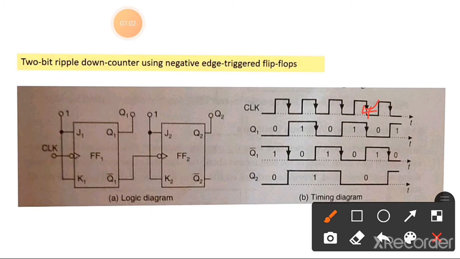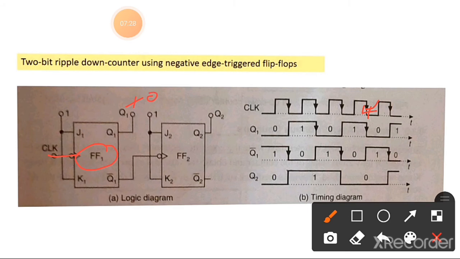If a negative edge of this clock pulse is applied, then flip-flop 1 toggles. Q1 was 1, and that is changed to 0.